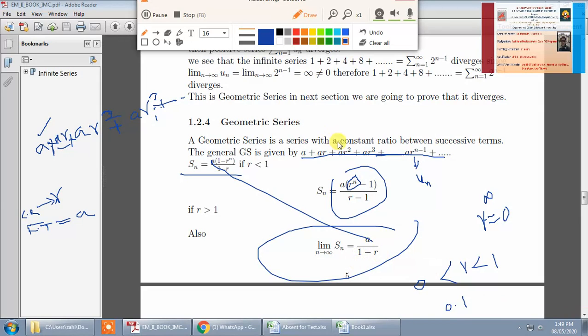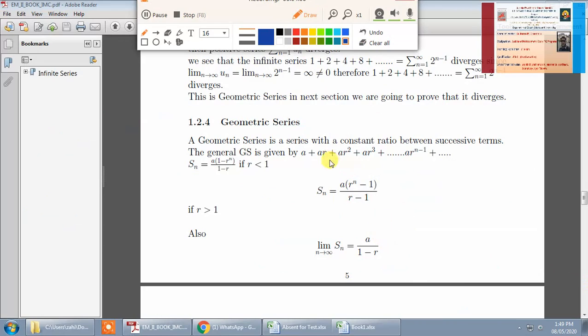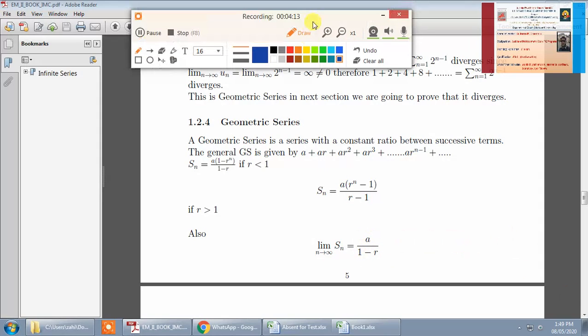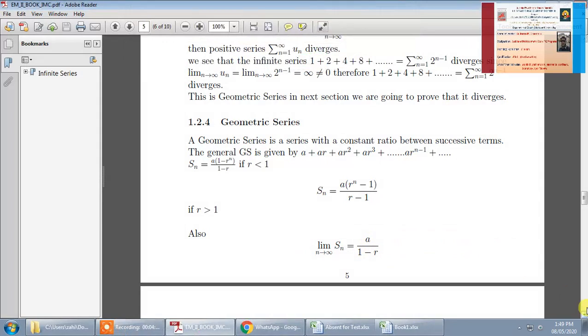So what is the sum of infinite terms of a geometric progression? It is simply given by the first term divided by 1 minus the common ratio. This is a very simple formula. So a plus ar and so on up to ar raised to n minus 1 and so on becomes a divided by 1 minus r, and this happens only if mod r is less than 1.